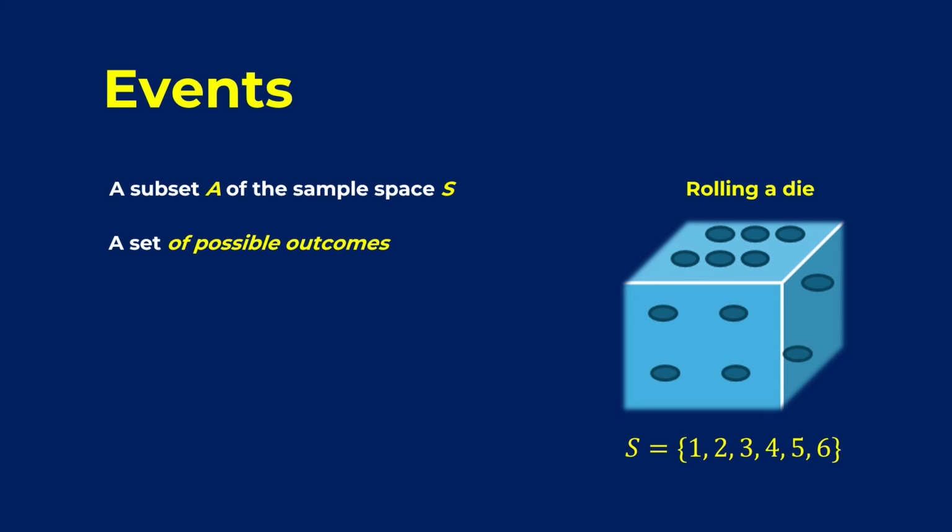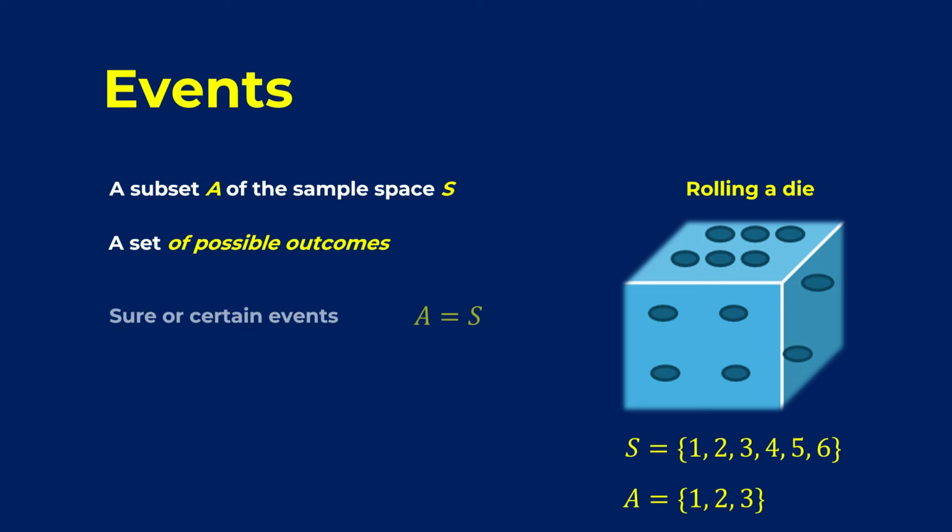If we are interested in seeing that rolling a die results in a number less than 4, then our event A is a set consisting of numbers from 1 to 3. And any time the outcome of the die roll is a number that is an element of set A, we say that event A has occurred.